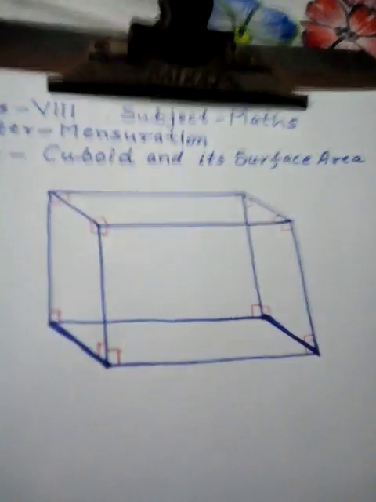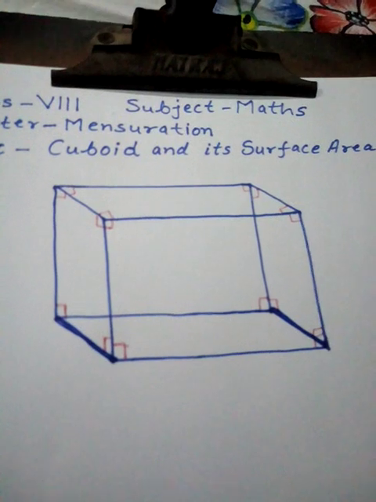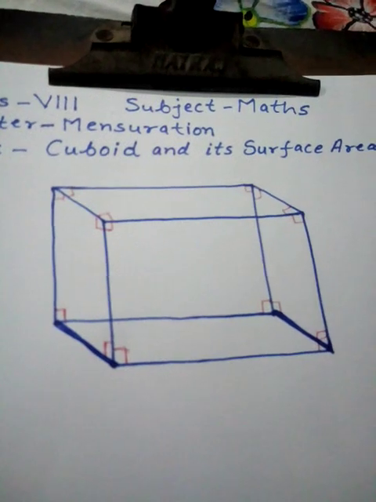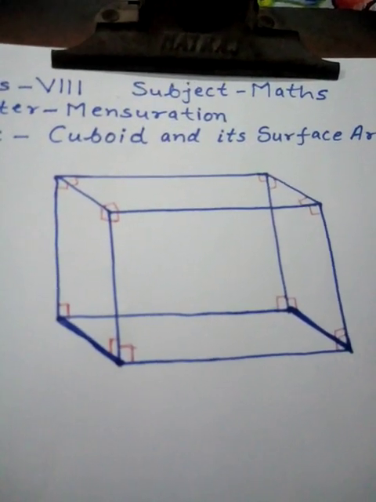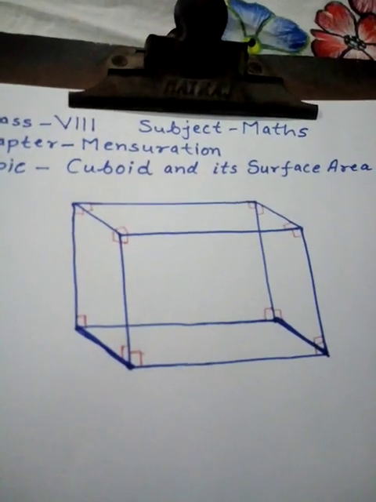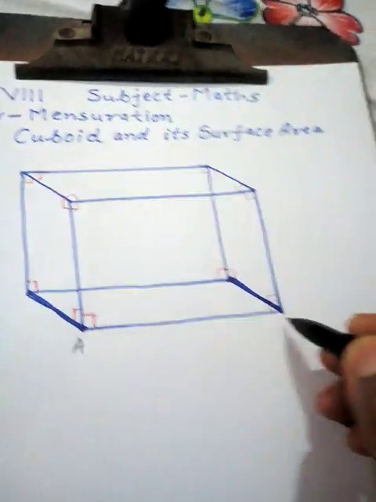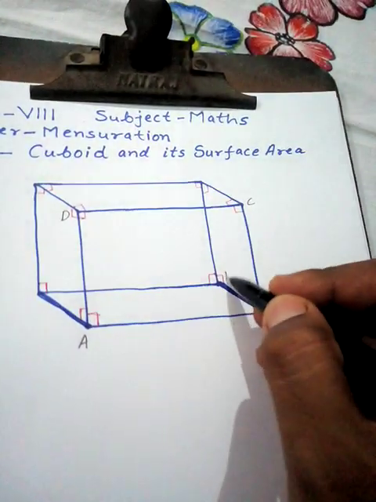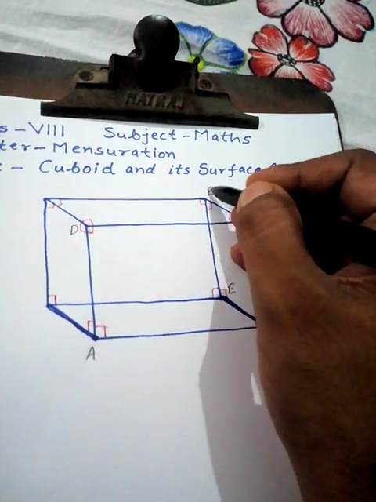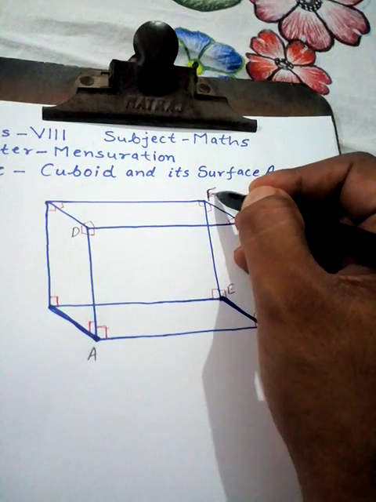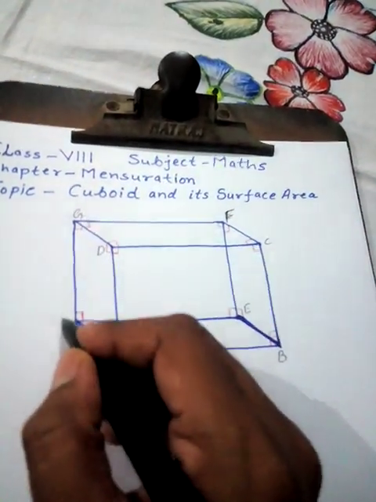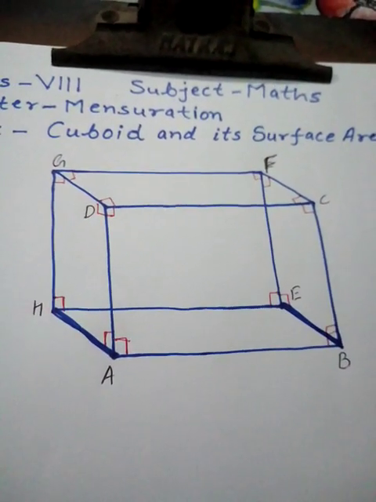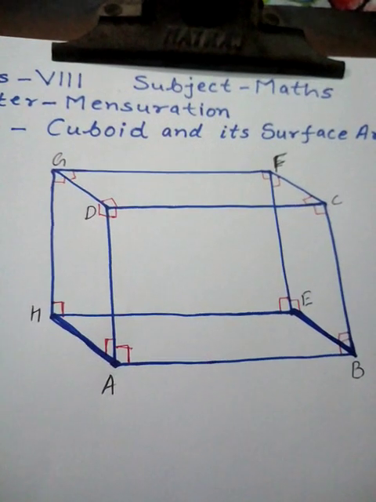Now we have to talk about its surfaces. So you can see the figure, and I am going to name it to understand its surfaces: A, B, C, D, E, F, G, H. And here you can see the surfaces.